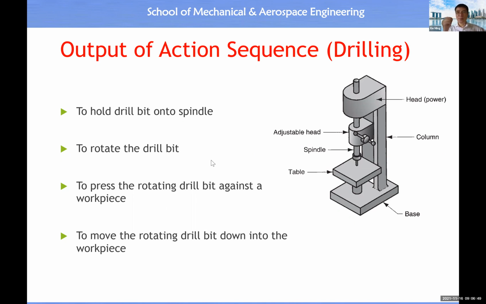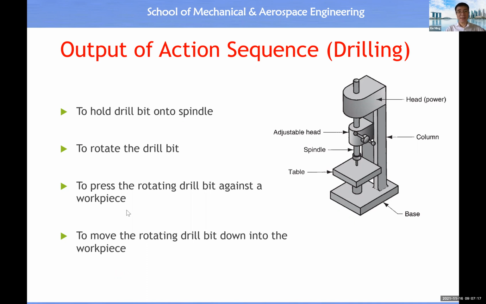When the drill bit starts to rotate, we press the rotating drill bit against the workpiece. Then apply force to move the rotating drill bit down into the workpiece. So this will be the action sequence in order to achieve the execution of the task.